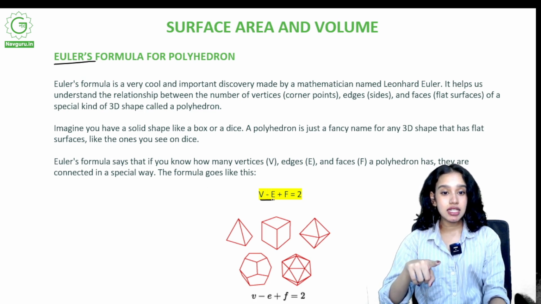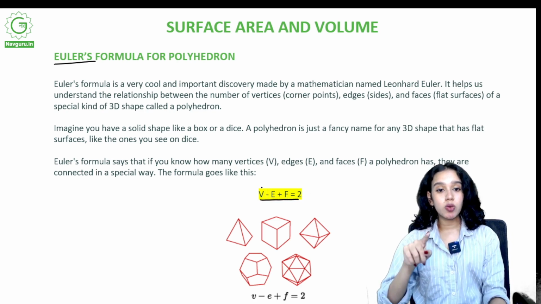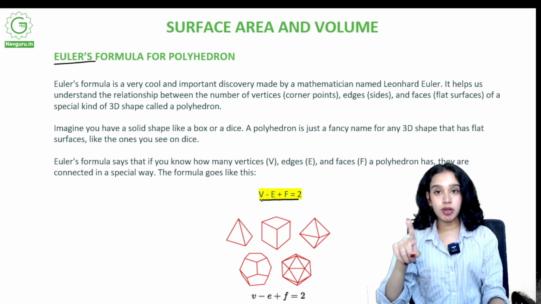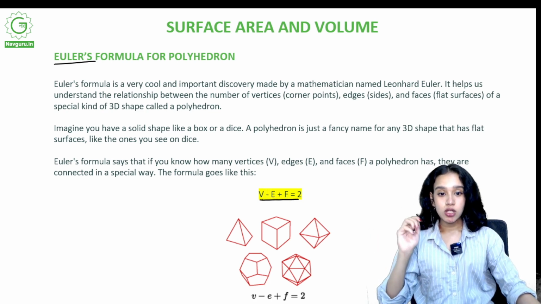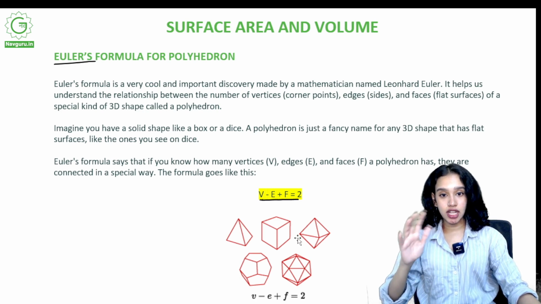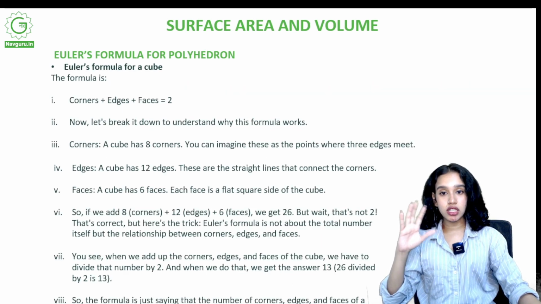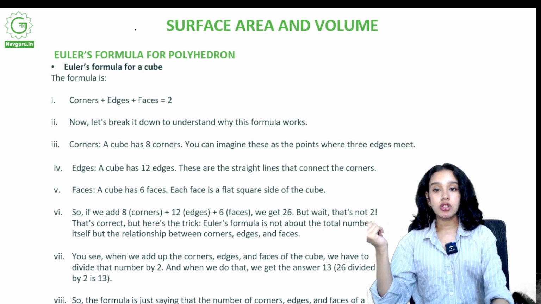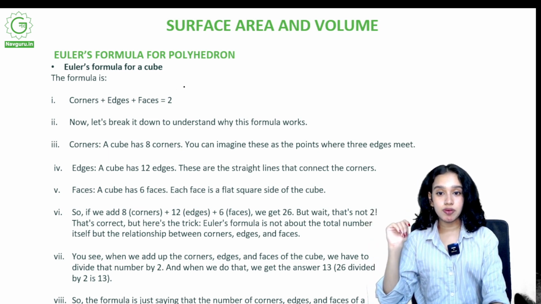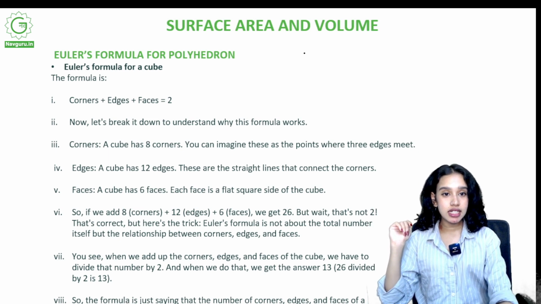The formula is V minus E plus F is equal to 2. So, what is V here? V is the number of vertices, E is the number of edges and F is the number of faces a polyhedron has. We have different polyhedrons here, so we will see what they are and how Euler's formula is applied to them. So, Euler's formula for a cube. Let's consider a cube.